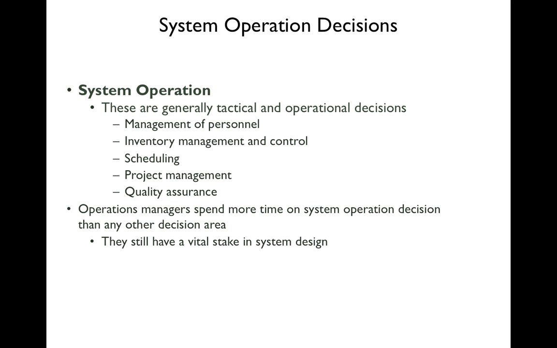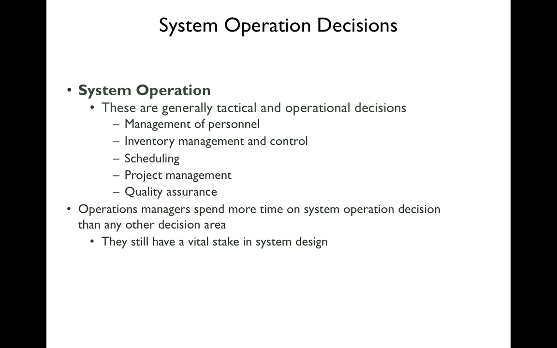The system operation decisions tend to be tactical and operational. So, the management of people. When are people coming? When are they going? How many people do we need? Do we need to fire someone? Do we need to hire someone? Inventory management and control: how much lettuce are we going to buy? How many tomatoes? How much do we have on hand? How much did we throw away because it got rotten?